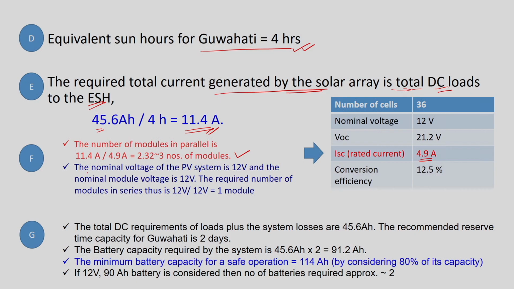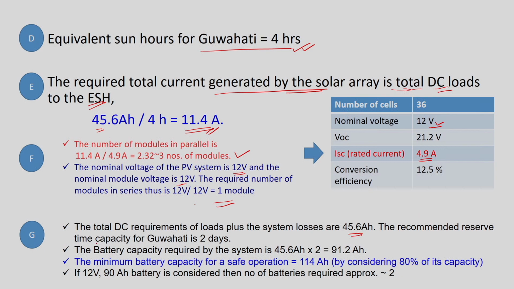The nominal voltage of the PV system is 12 volt and the nominal voltage of the module is also 12 volt. So the required number of modules in series is 12 volt divided by 12 volt, which is 1 module.